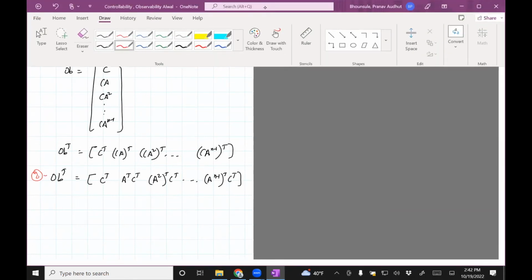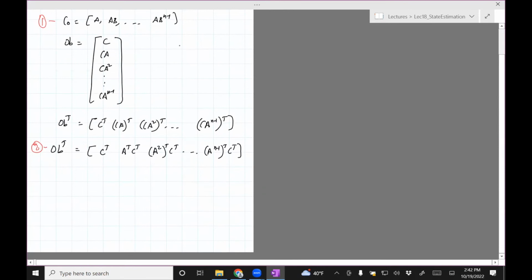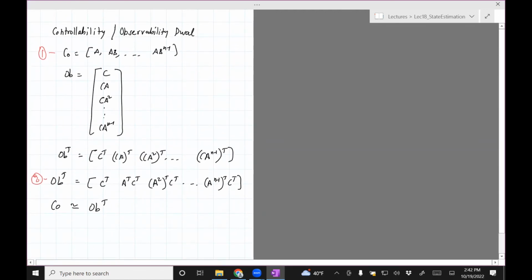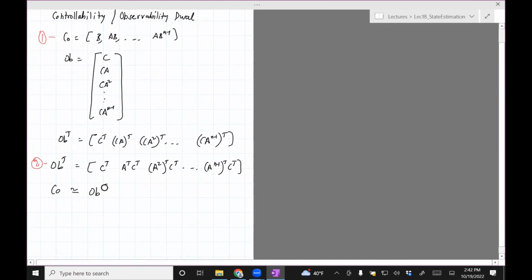You can see that controllability is similar to observability transpose, provided, a mistake here, this is my bad, this should be B. This is not A, it should be B. Now if you compare them, you see that it's true, provided B equals C transpose and A equals A transpose.